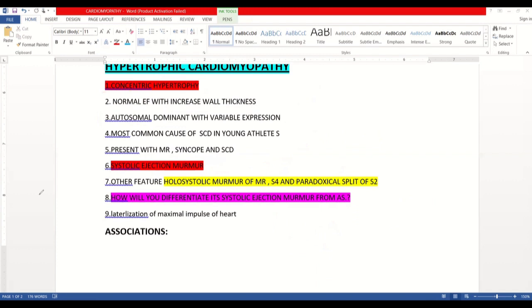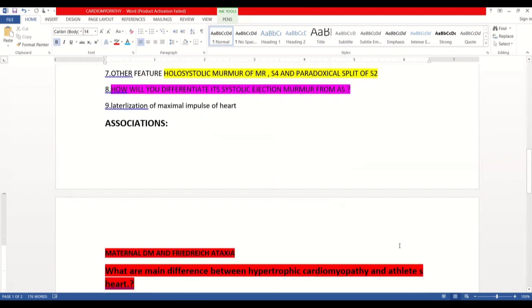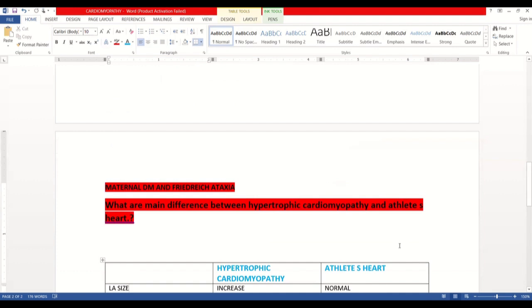So again, the associations. Can anybody tell me which associations with hypertrophic cardiomyopathy are high yield? Maternal diabetes increases the risk of hypertrophic cardiomyopathy in infants, right?